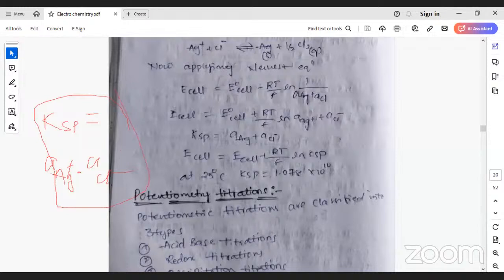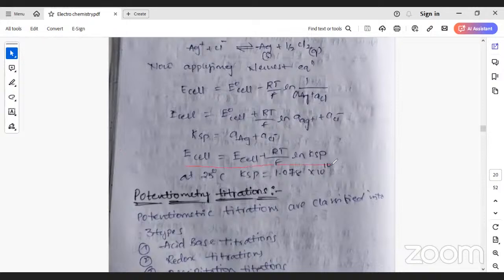That is the solubility product. Substituting this, E cell is equal to E naught cell plus RT by F ln Ksp. Upon substituting the values of RT by F, E naught cell and E cell, we can get the Ksp value, that is 1.078 into 10 to the power of 10.